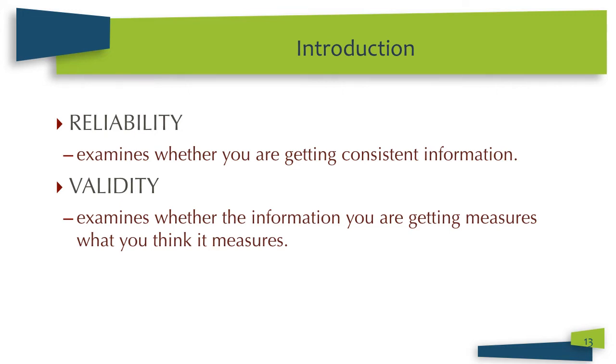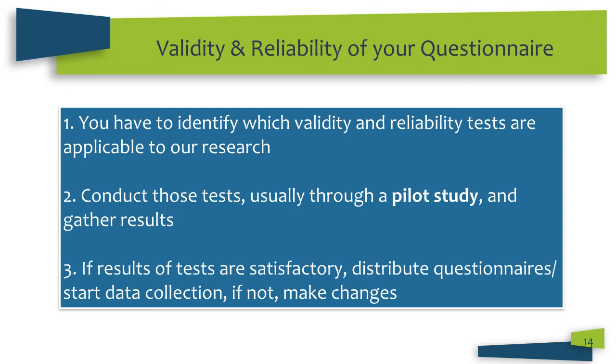That is validity. So how do you prove the validity and reliability of your questionnaire? Well, basically, the first thing you do is identify which types of validity and reliability tests are applicable to your research.